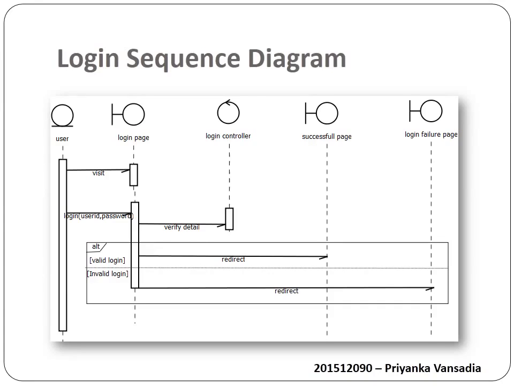This is a sequence diagram for the login. User is an entity; login page, successful page and login failure page are boundaries. Login controller is the controller. If the user has no user ID and password, then he can only visit the login page.